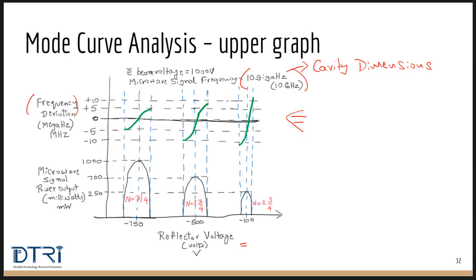But in reality, we cannot design something which is perfect, and we cannot get an exact center frequency, nor can the system maintain the frequency exactly as it was designed for. So if the cavity dimensions are designed for 10 gigahertz, it is impossible to get exactly 10 gigahertz. There will be some variation from 10 gigahertz, which is plus or minus frequency deviation.